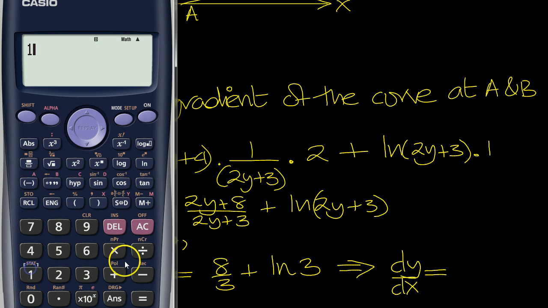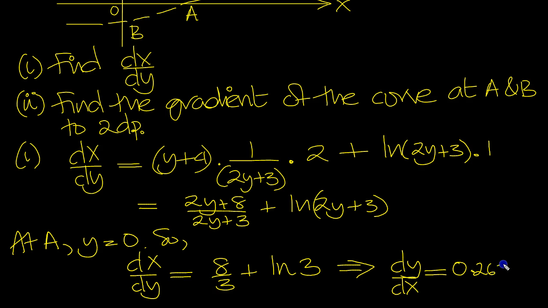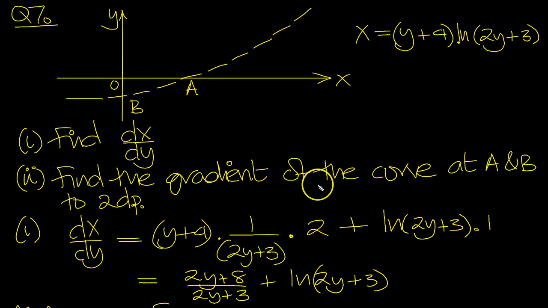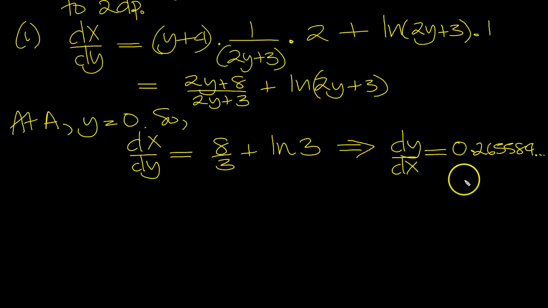So let's do that: 1 divided by bracket 8 divided by 3 plus natural logarithm of 3, close the log bracket, close the bracket. That equals 0.265584. So that's the gradient there, and to 2 decimal places that's 0.27.